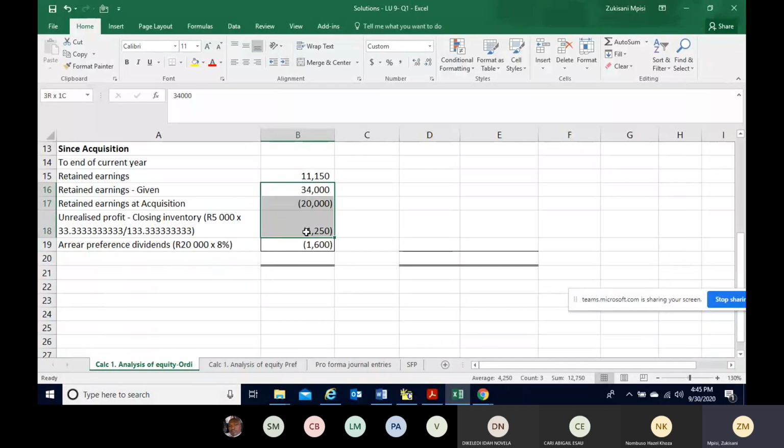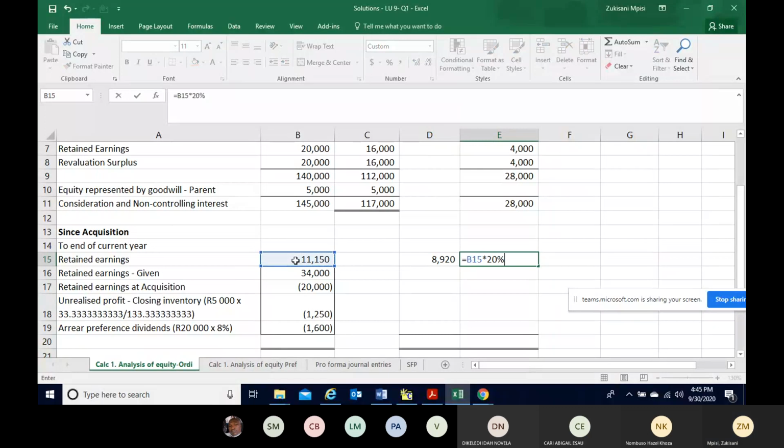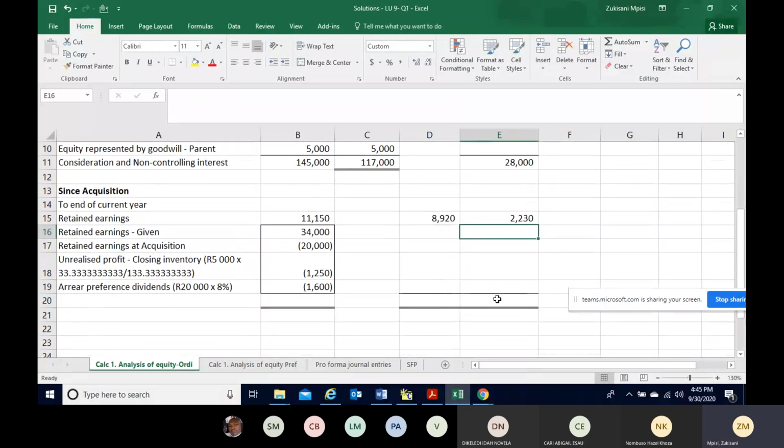See the importance of these adjustments that we had to make, including taking out the preference dividend amount out of the profit in the current year. So then it becomes easy. The parent shares 80%, and the non-controlling interest shares the 20%, and then we've got a total that you can make up.